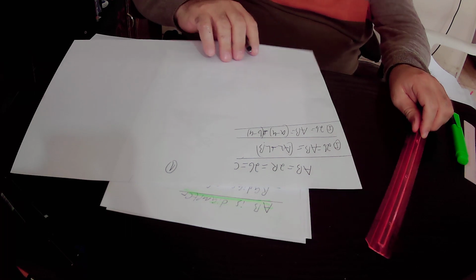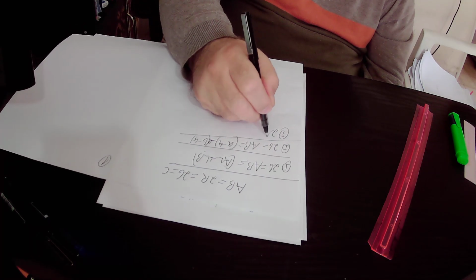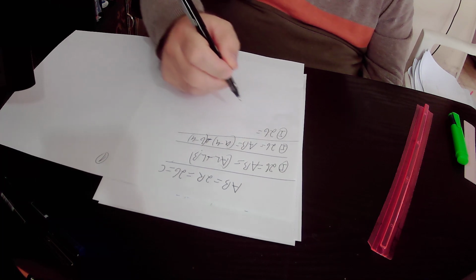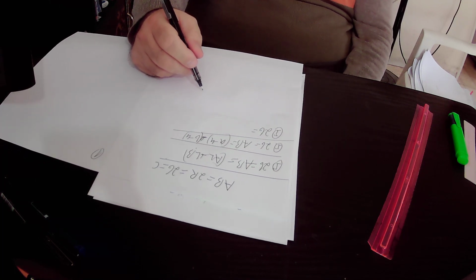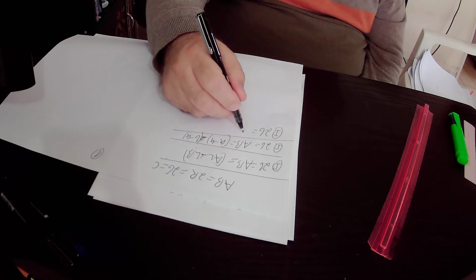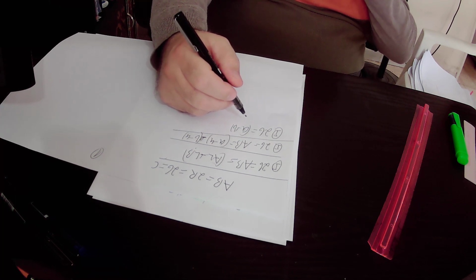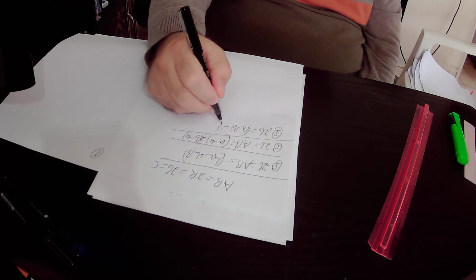In conclusion, according to equation number 1, 26 equals A minus 4 plus B minus 4. That is to say, it is equal to A plus B minus 4 plus minus 4, which is minus 8.